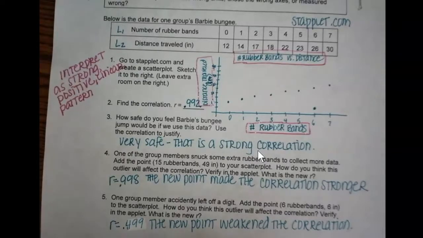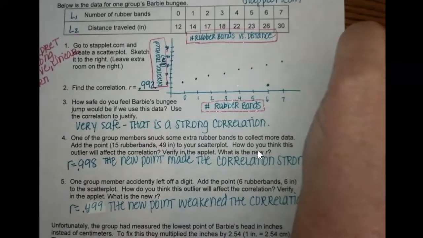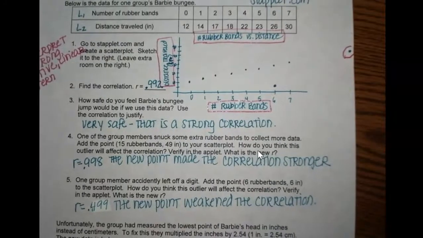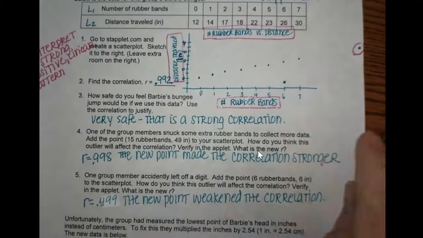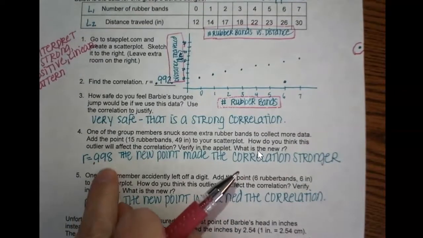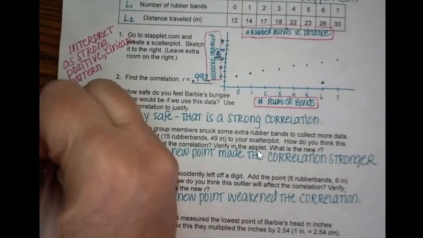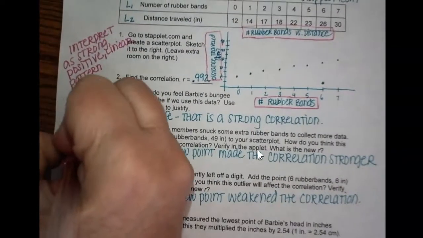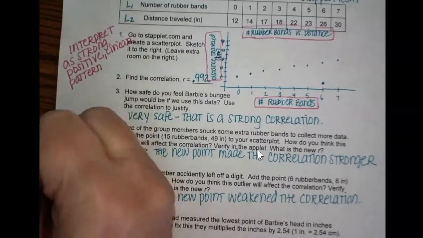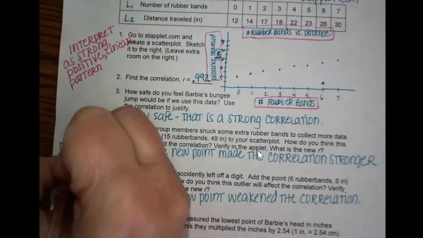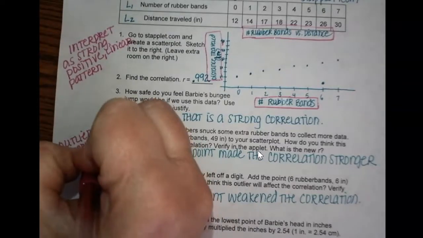So, we were talking about adding points here. We added this point out here at 15, 49. And when you recalculated, your correlation increased. So if you have an outlier that falls in the pattern, it will strengthen your correlation.